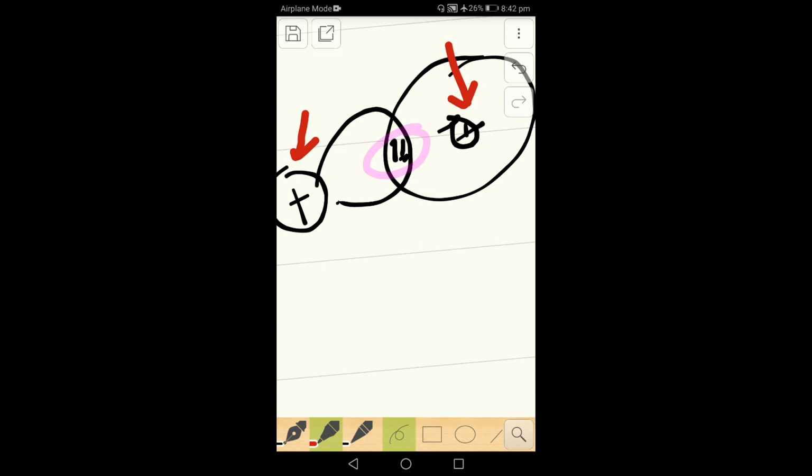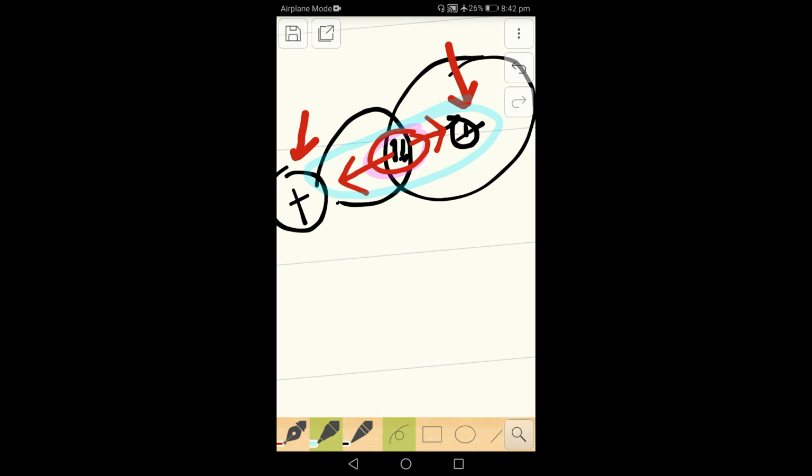So what happens next is that the already overlapped electrons are attracted by the nuclei of the participating atoms.